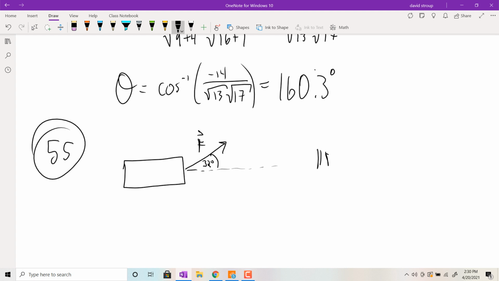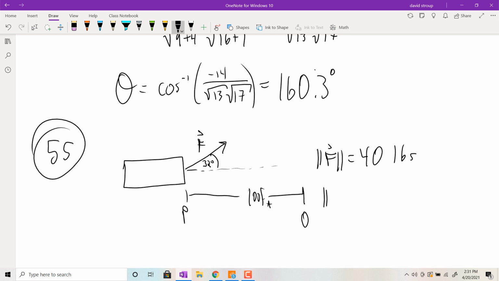Then the distance they move the wagon from this point P to this point Q is given as 100 feet. So the magnitude of the vector PQ is 100.